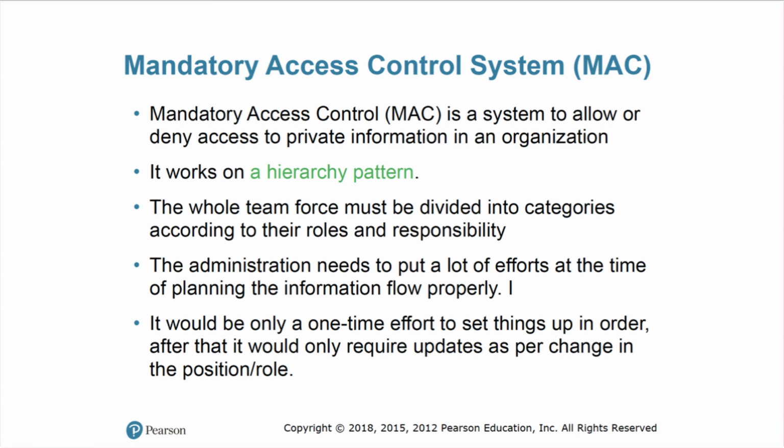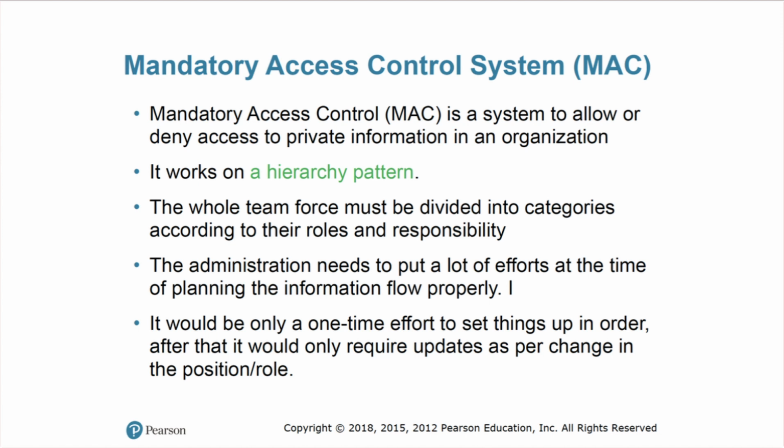No lower level should be able to access that. Basically, the information is categorized into hierarchies, which indicate the security level. So that's why in MAC, the labels, clearance levels, hierarchies, and categories are all used interchangeably to indicate the access level.